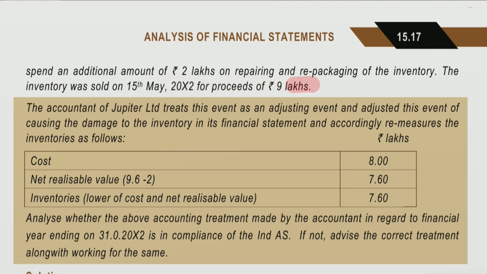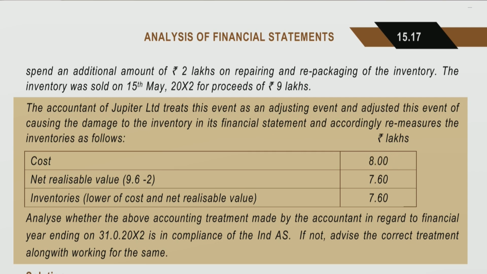Now, the accountant of Jupiter Limited treats this event as an adjusting event and adjusted the effect of the damage to inventory in its financial statements, and accordingly remeasures the inventories as follows.